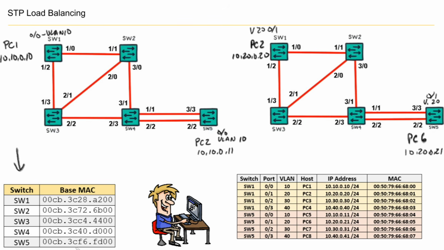Take a moment, think that through, and type in your answer in the chat. Just type in switch 1, switch 2, switch 3, switch 4, or switch 5, whichever one you believe would be the root bridge in the world of spanning tree. I'll give you just a moment to do that.